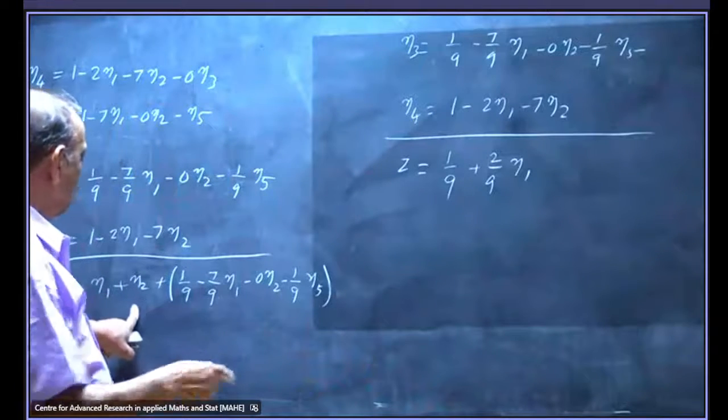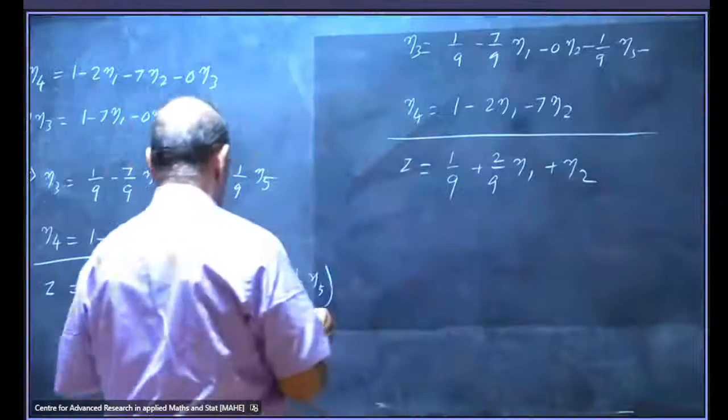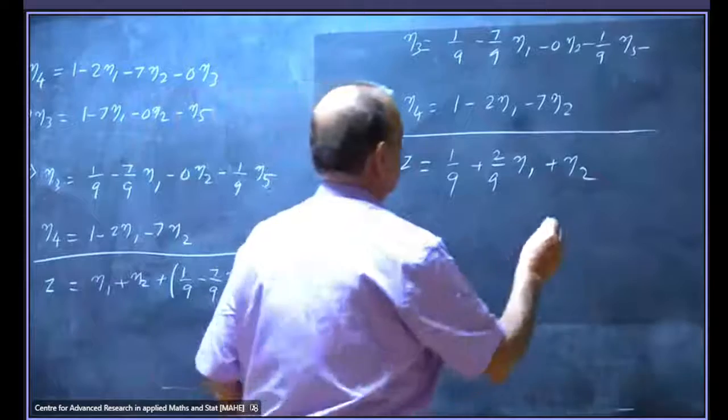There is 1 eta 2, there is 0 eta 2 plus eta 2. This one is minus 1 over 9 eta 5.